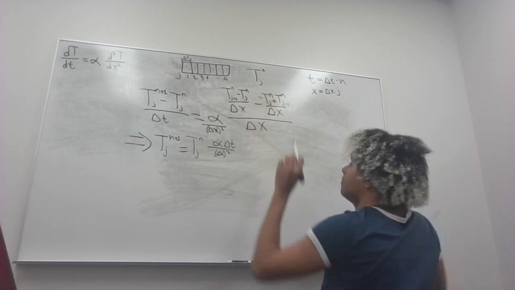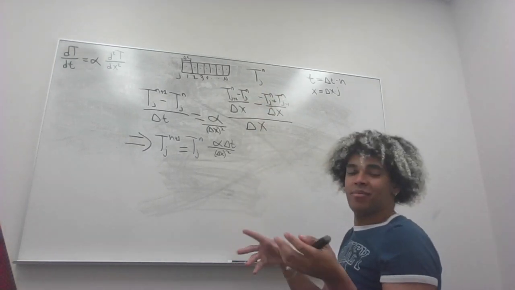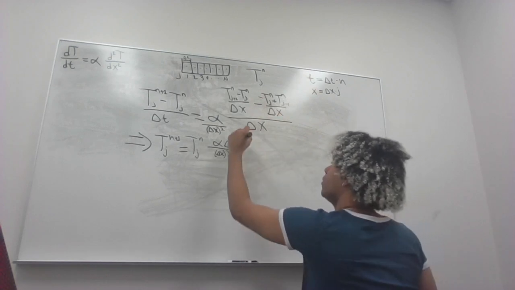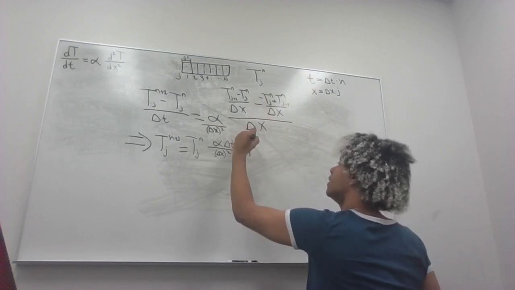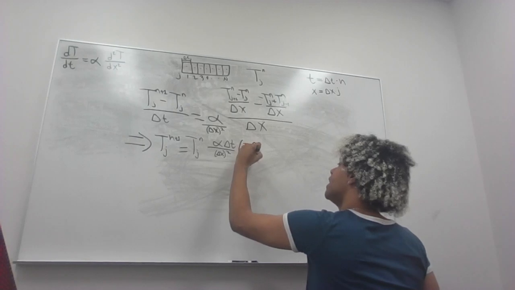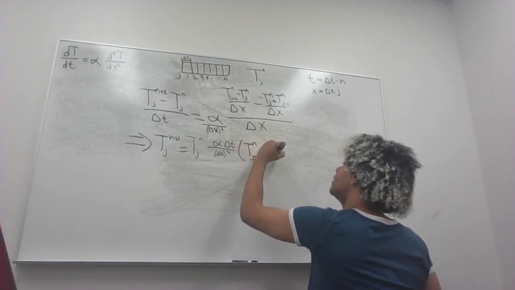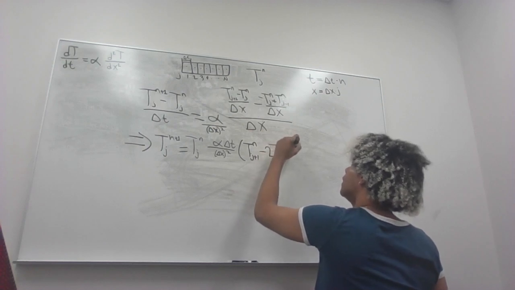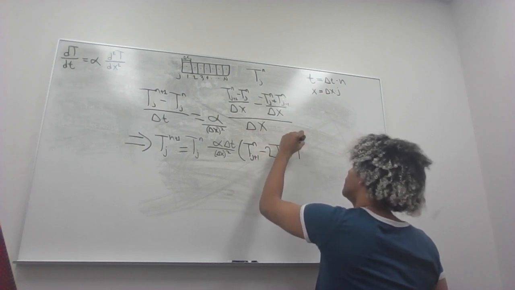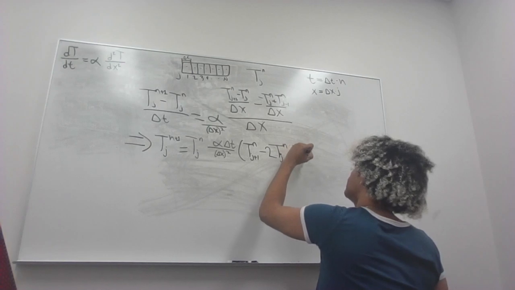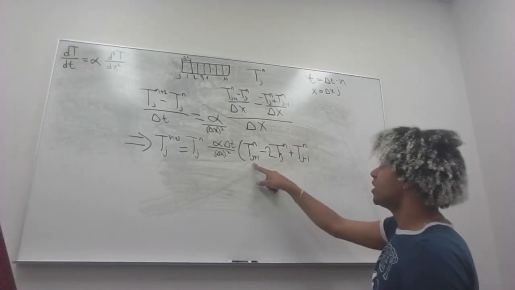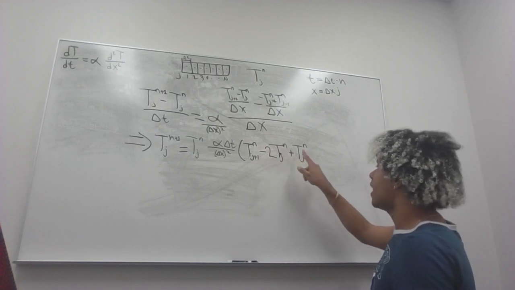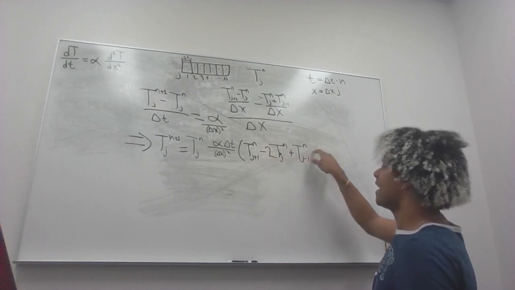It becomes negative 2 T j n, and then we'll essentially have it over here where we have T j plus 1 n minus 2 T j n plus T j minus 1 n. So T j plus 1 n minus 2 T j n plus T j minus 1 n.